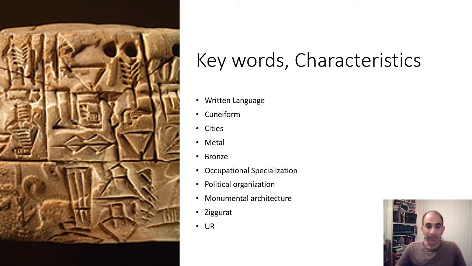Number 2, cities. That you have large cities now. Now, when I say large cities, I don't mean Manhattan. I don't mean thousands and thousands and tens of thousands of people. Sometimes just hundreds, but it's still more than you had in pre-civilization. So that's a characteristic. Third that you see on the list here is metal, the use of metal.